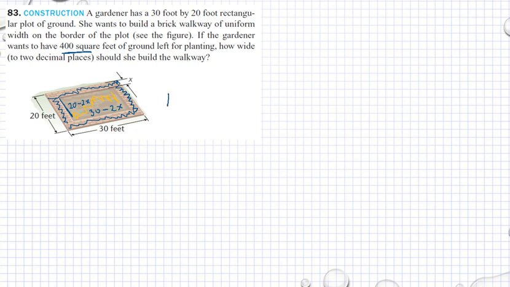So the area for this plot now is the base times the height. The base is 30 minus 2x, and the width is 20 minus 2x.